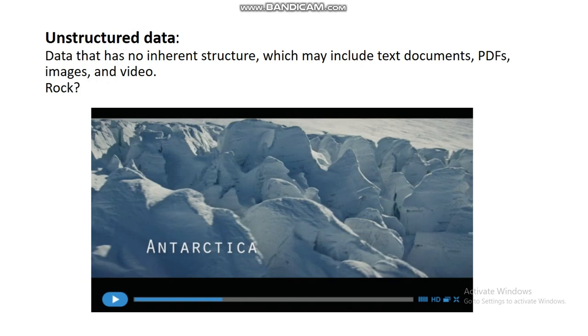You are neither able to get some semantics out of it, nor some patterns, nor some data, and that you call unstructured data. The basic examples are PDFs, images, and videos. As a layman, you may be able to find something from the image, you may be able to understand the messages from images and videos, but for the system it falls under the category of unstructured data when you need to work on that particular data.